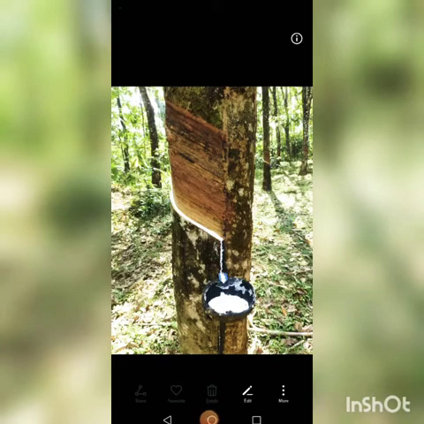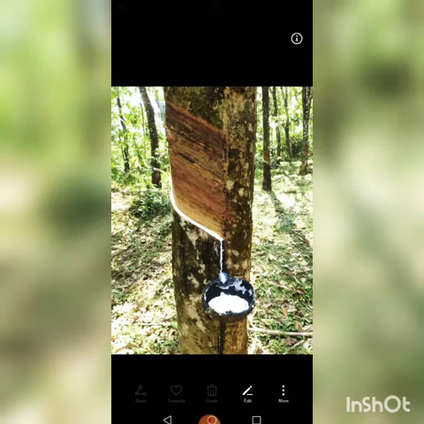Okay, children, look at this tree. Do you see something like a cup with white something like milk? Can you tell me what tree it is? Yes, it's a tree that we commonly see in Kerala. That's a rubber tree, and we get rubber from this tree.